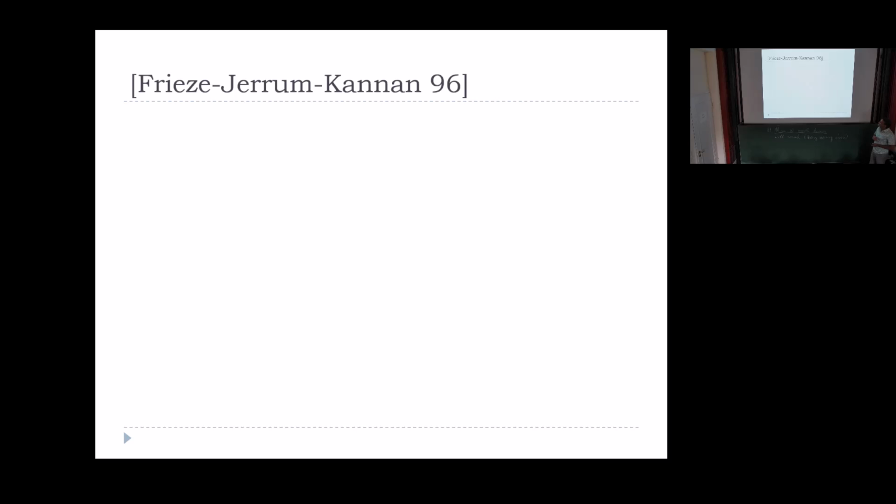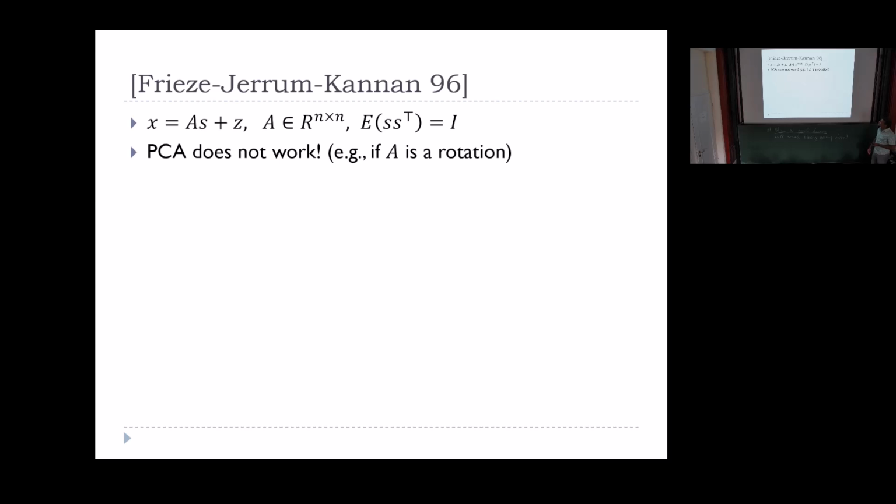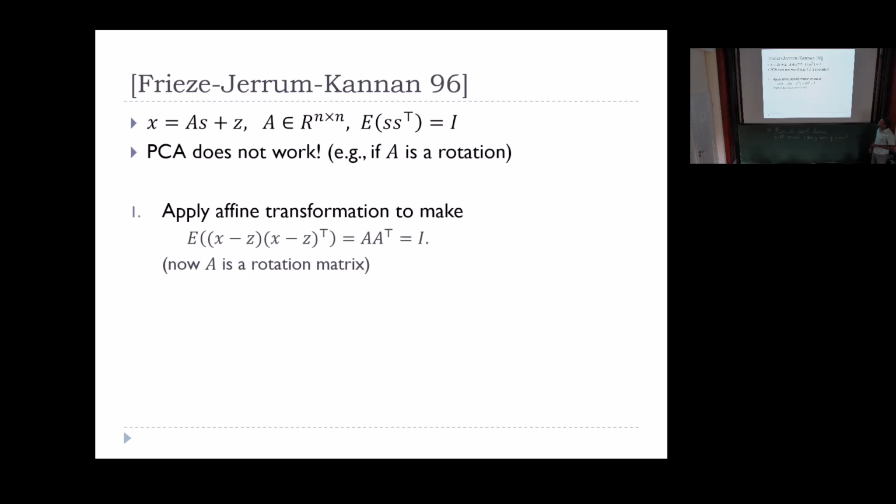So this problem was solved formally. I think the earliest proof I know is by Frieze, Jerrum, and Kannan. What they said is, first you can observe that just finding singular vectors doesn't work, because of course all rotations will give you no information. Nevertheless, let's first make the observed distribution isotropic.